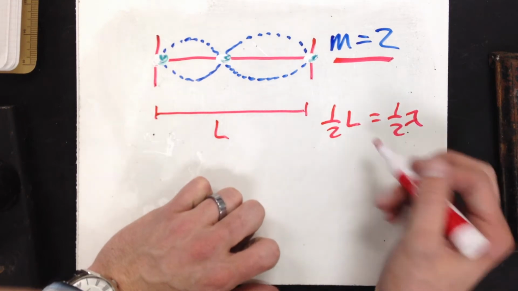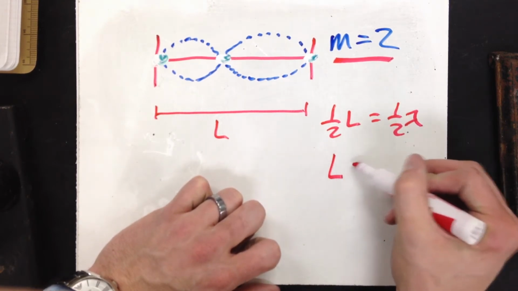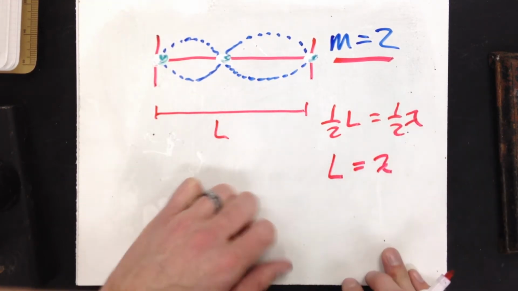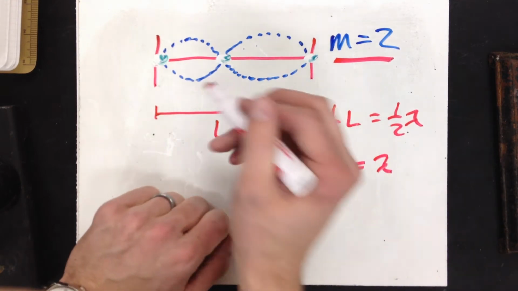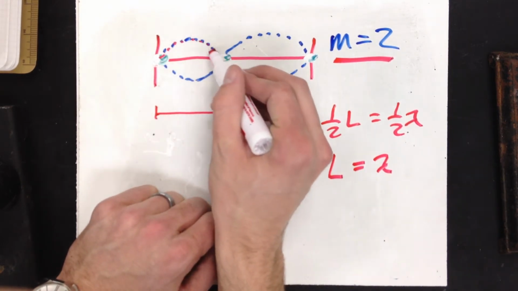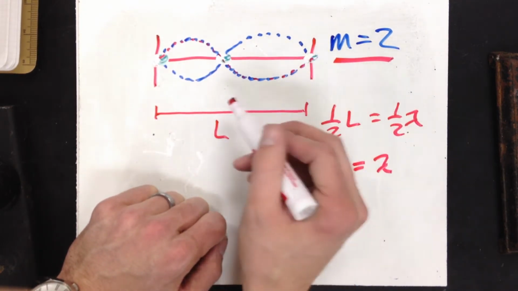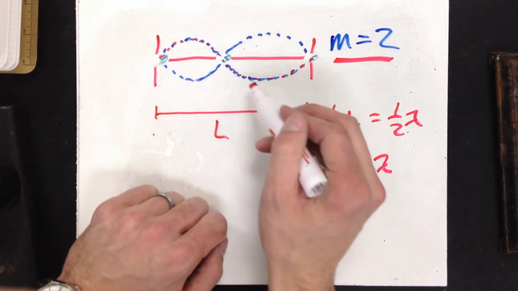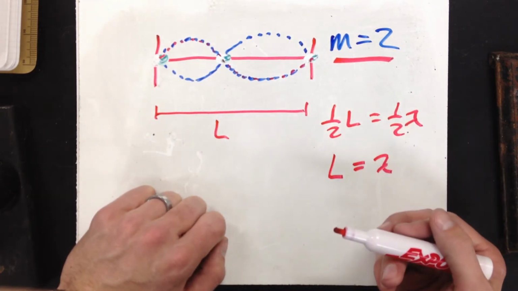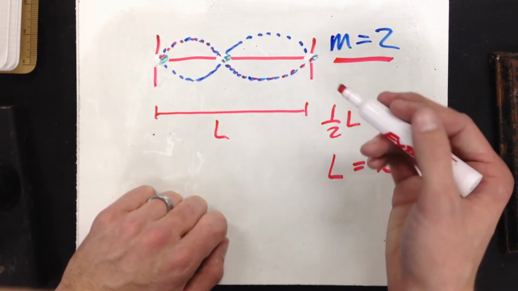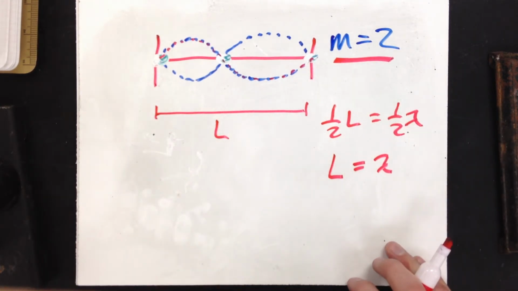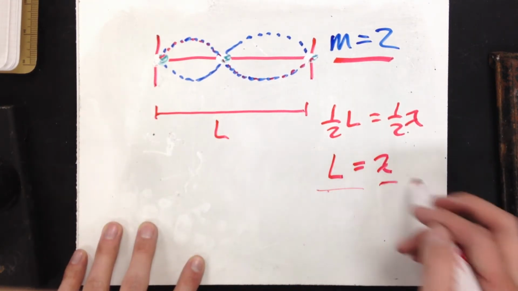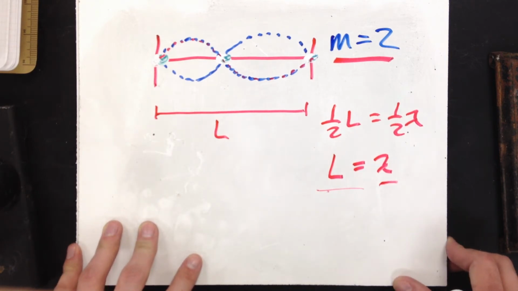So now I just multiply both sides by 2, and I get L equal to a wavelength. And you can see the entire wave right here. I go up and crest, and then I trough, and then I come back to the same position. So m equals 2. This is the second harmonic. My L is going to be my wavelength.